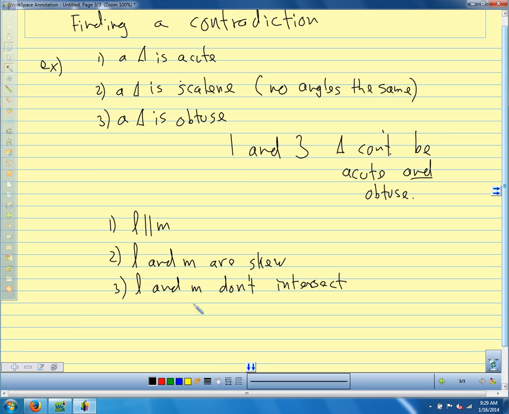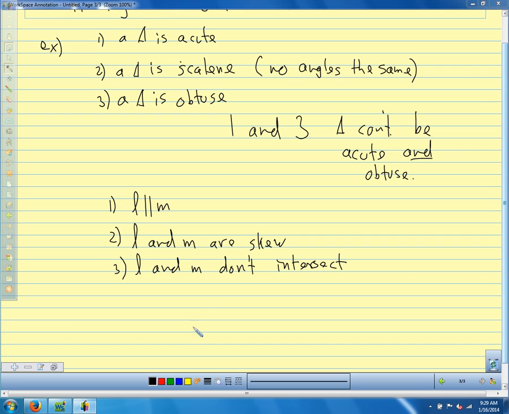So my example for skew lines I always say is the C-wing hallway and the main hallway downstairs. They don't intersect, but they're not parallel. So two lines cannot be parallel and skew. So 1 and 3 have to be contradictions. Sorry, 1 and 2. 1 and 2.